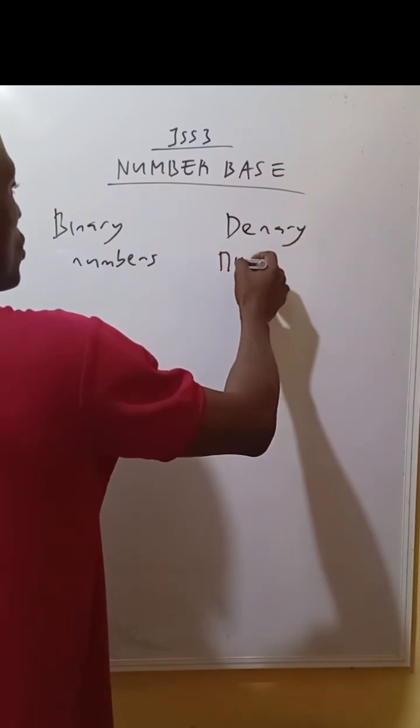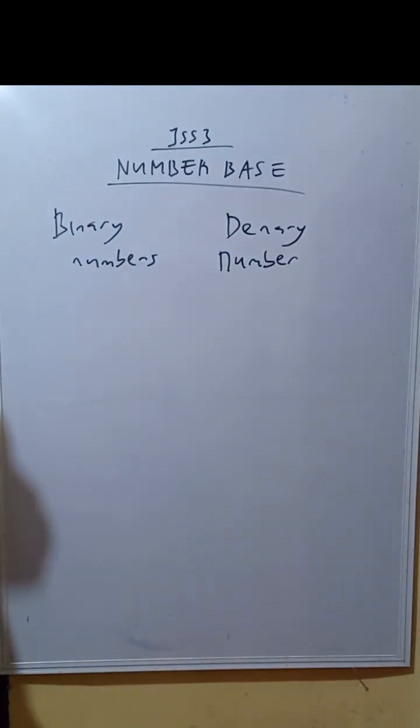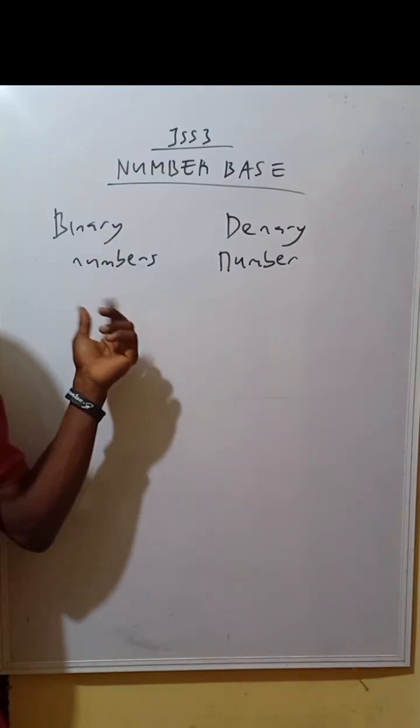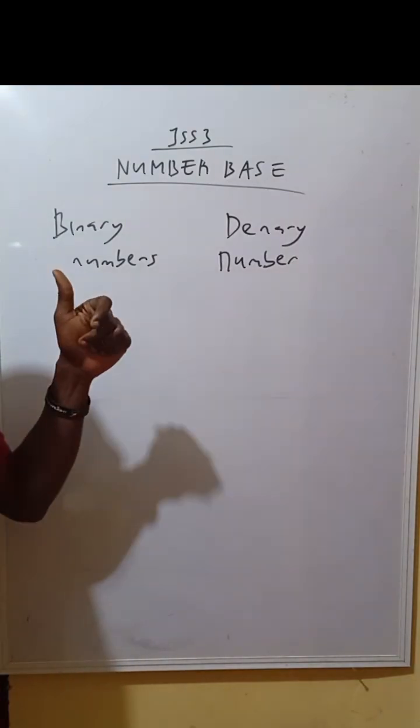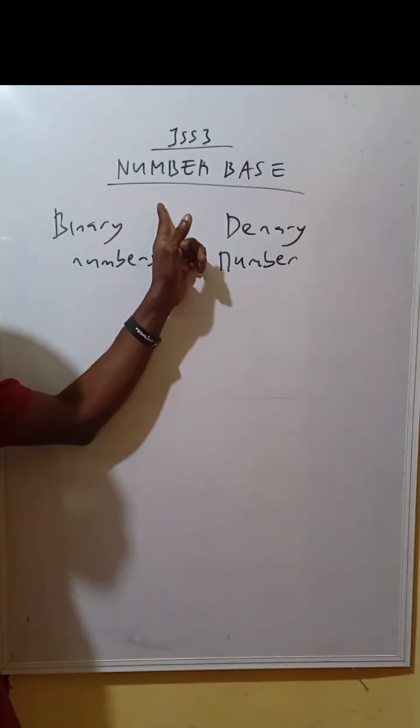Why should you pay attention to this? This is one of those topics that you probably were not taught in Basic 5 or Basic 6, but you learned in junior secondary school.